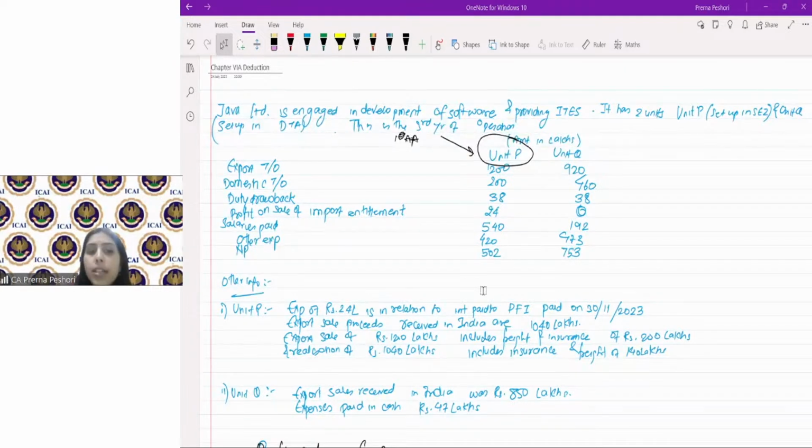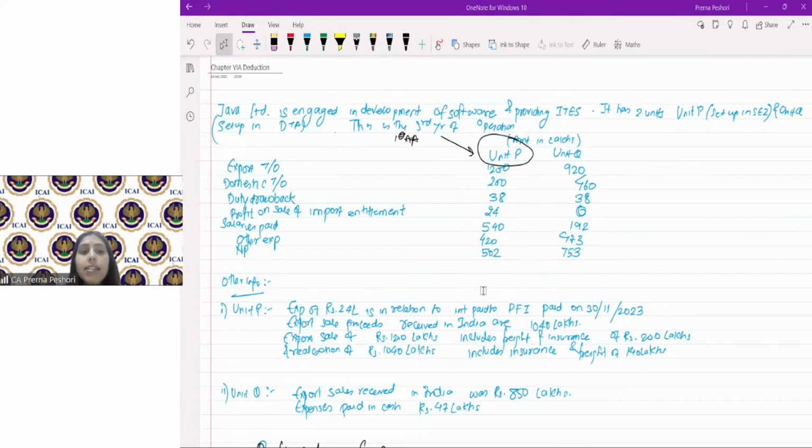Now, understand one thing, the deduction under 10AA is in respect of the profit which is derived by the eligible undertaking which is engaged in the manufacturing and export from the SEZ unit.